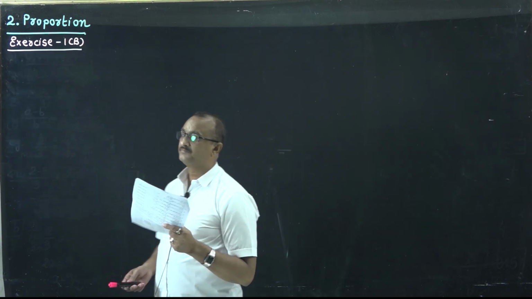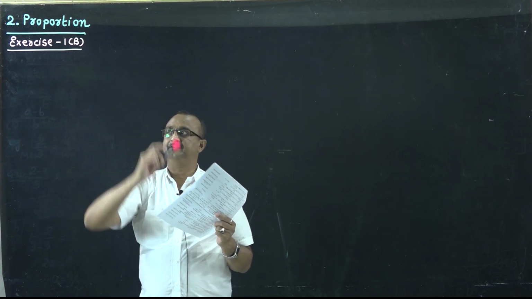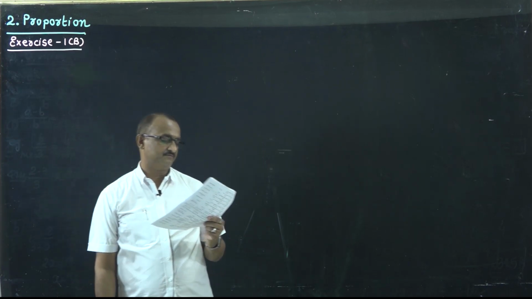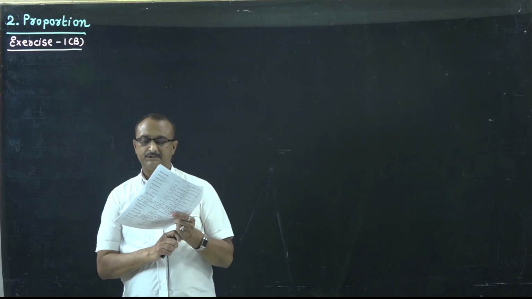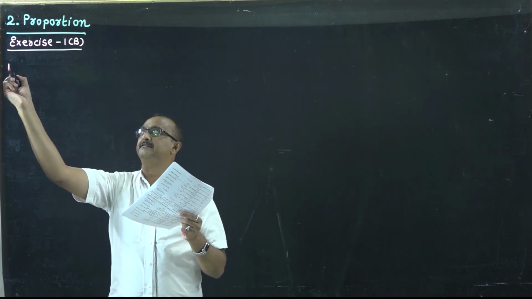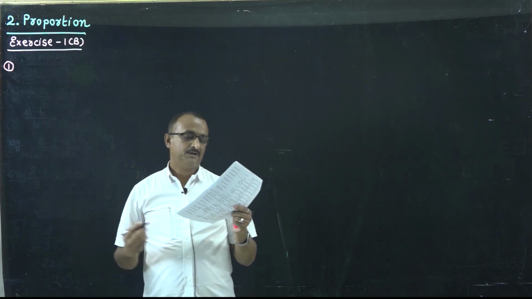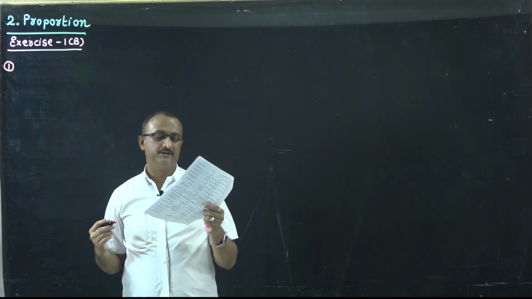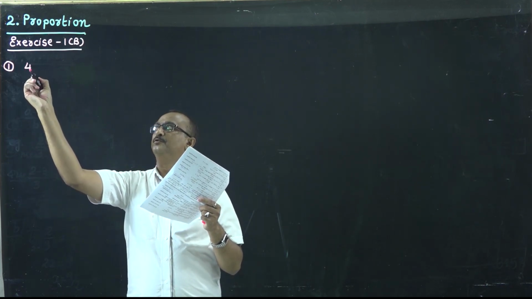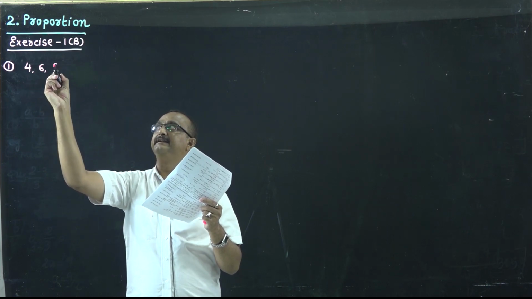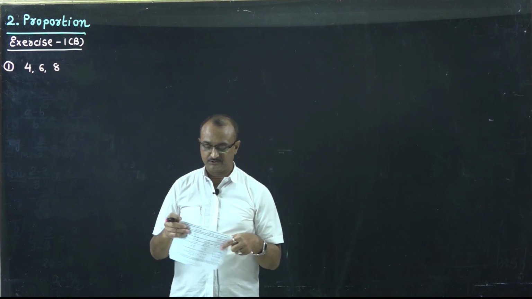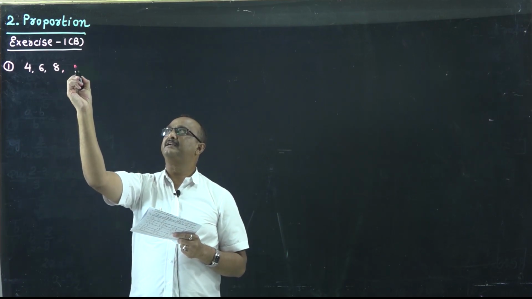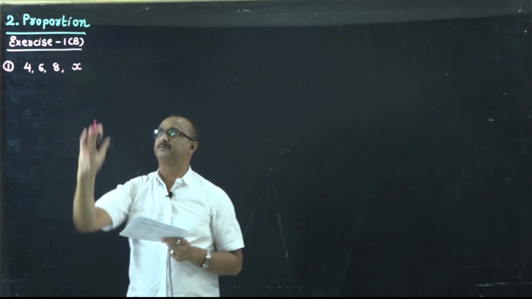Okay, now we are solving our exercise 1B of proportion. Question number 1 is, find the fourth proportional to 4, 6, 8. Question is asking for the fourth proportional. Let us assume that x is the fourth proportional.